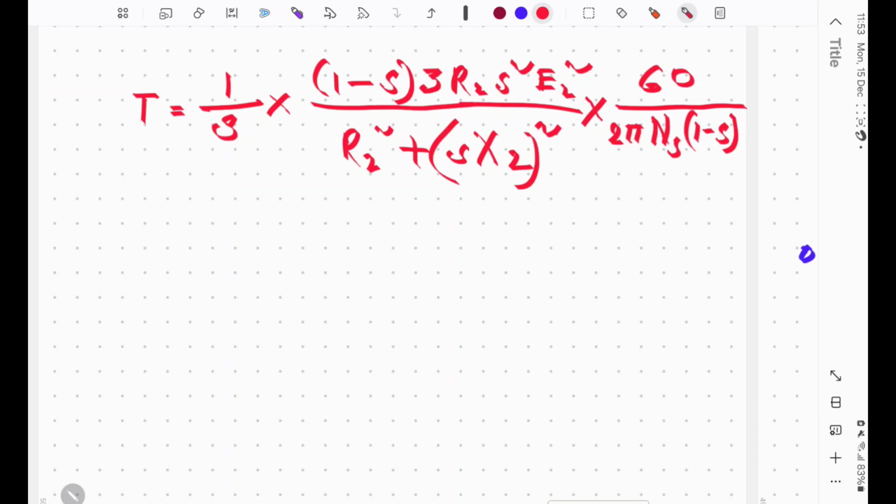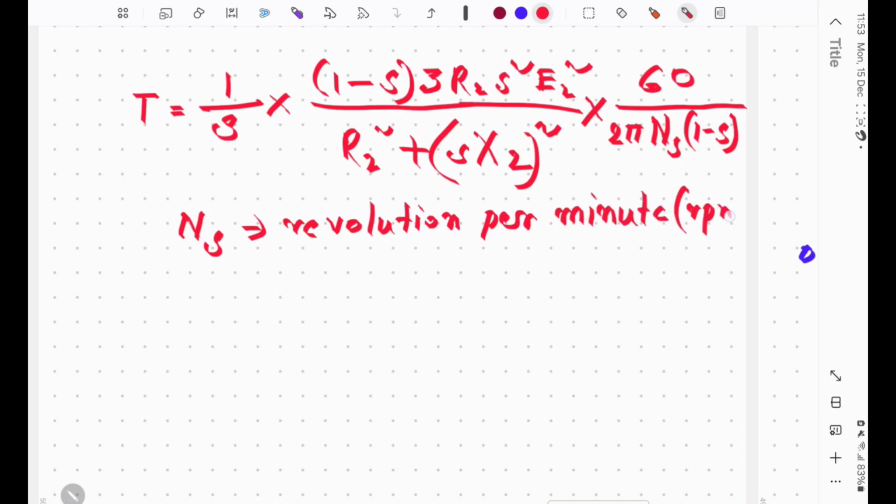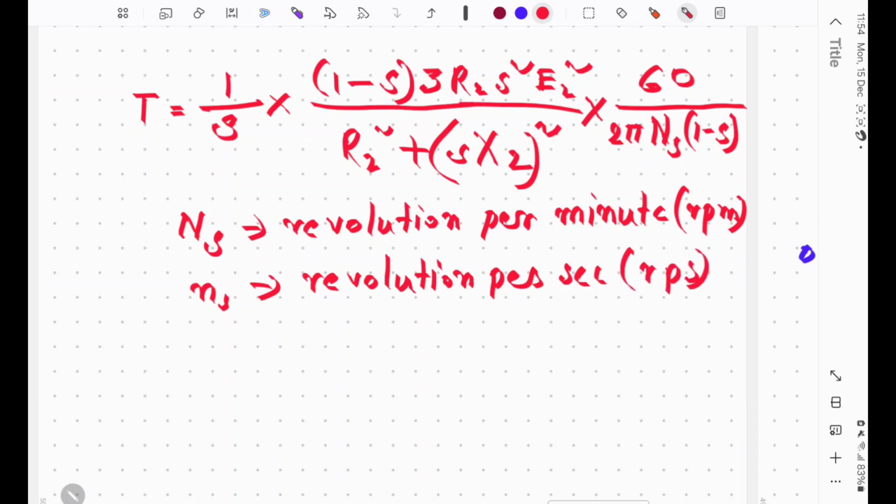Here, capital Ns is the speed in revolutions per minute, or RPM, and small ns is the speed in revolutions per second, or rps. The relation between these two is ns is equal to Ns by 60.